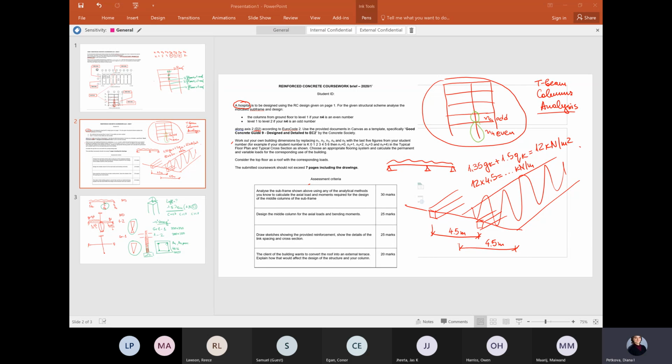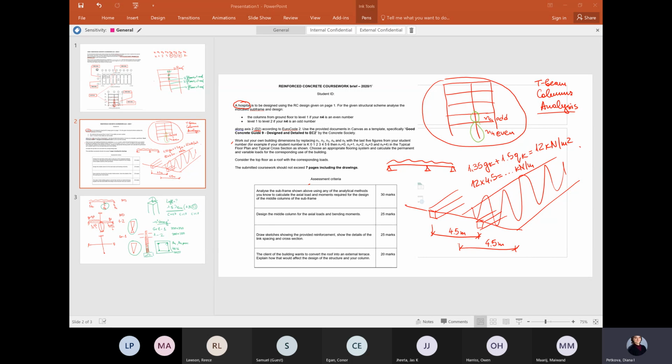So your total reaction for the middle support will give you your axial load in the column, but then, remembering how many floors you have above that level, of course you have to use a factor of 3 or 4, maybe not 4, but 3 or 2, to find your actual N value.